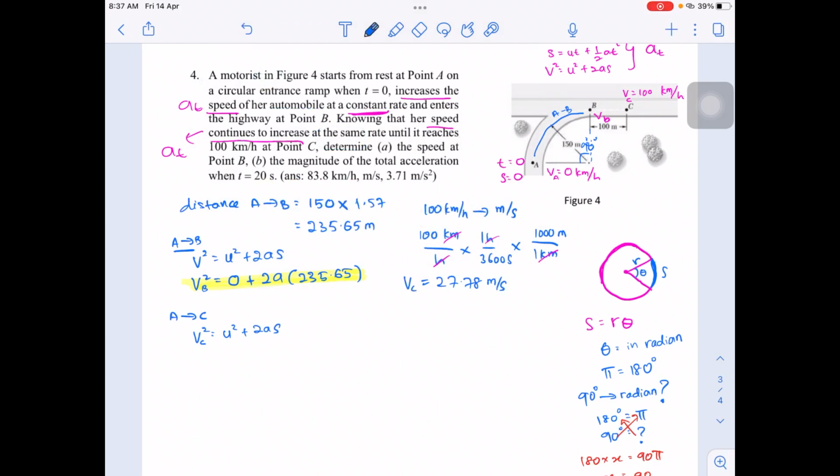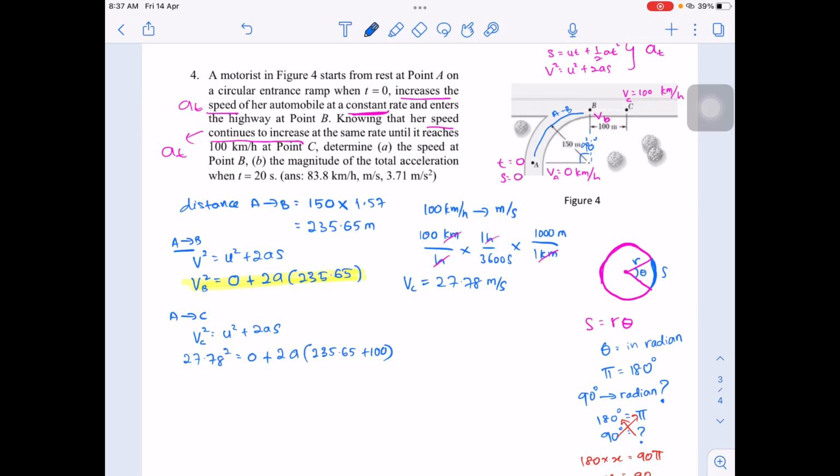So gantikan 27.78 squared is equals to 0 plus 2AS. What is S from A to C? From A to B is 235.65, so from A to C, just plus 100 lah. 335.65.